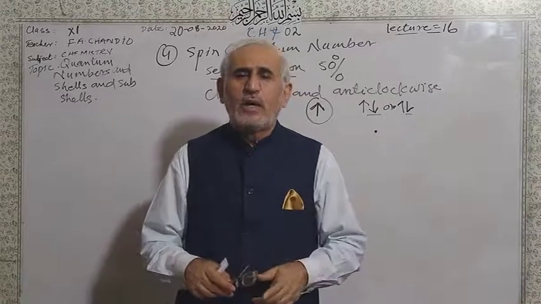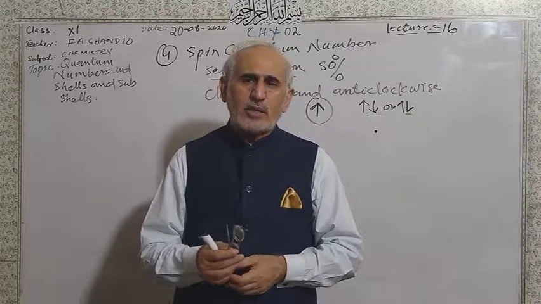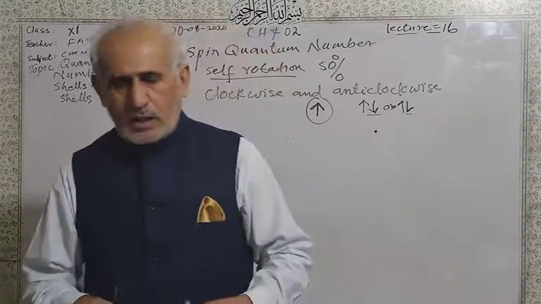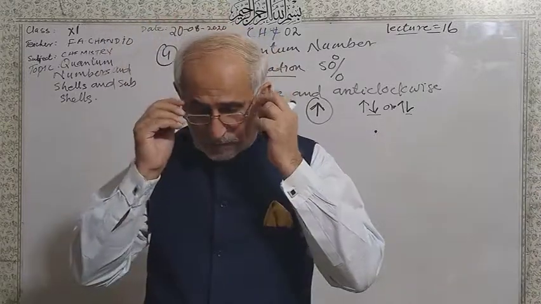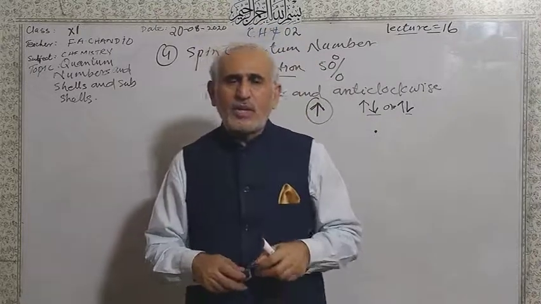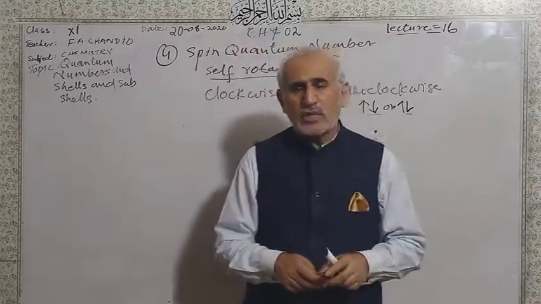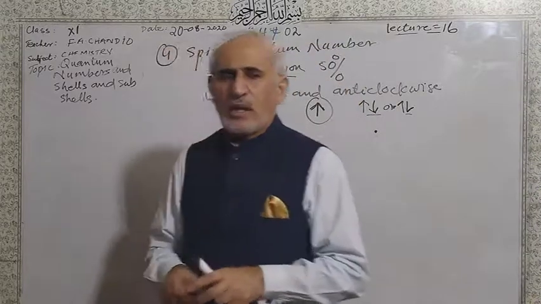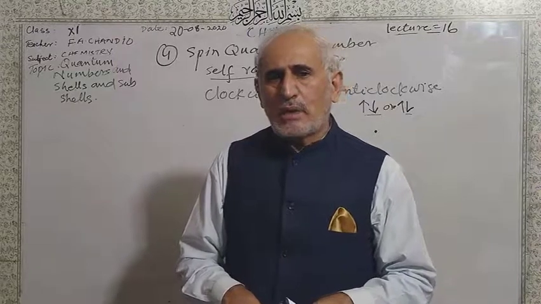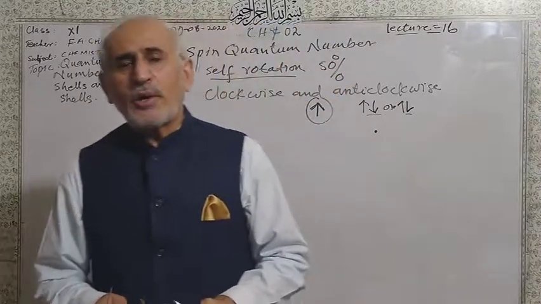There are 5 degenerate orbitals, and all the d orbitals already have names. If l is equal to 3, then m is -3, -2, -1, 0, +1, +2, +3. So there are 7 degenerate orbitals according to the magnetic quantum number.